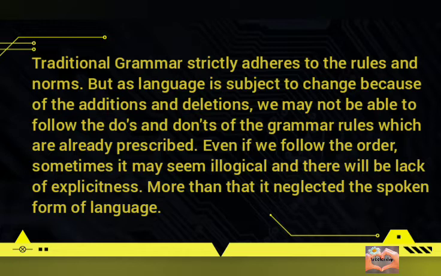But as language is subject to change with a lot of additions and deletions, we may not be able to follow the do's and don'ts of traditional grammar, in which rules were prescribed.